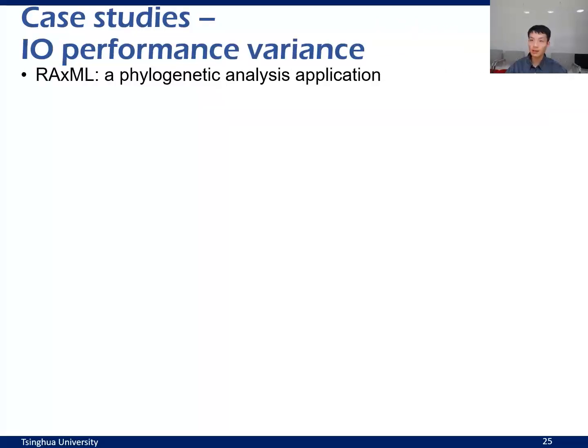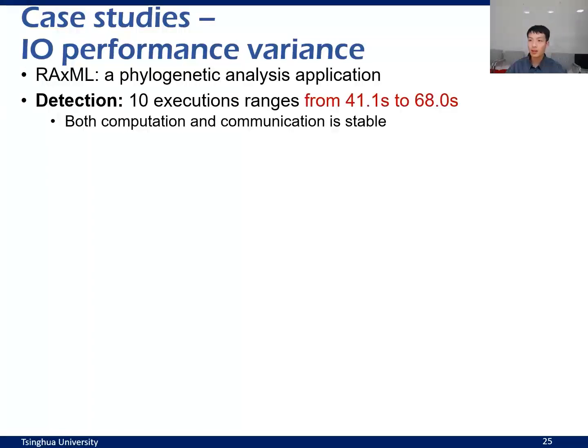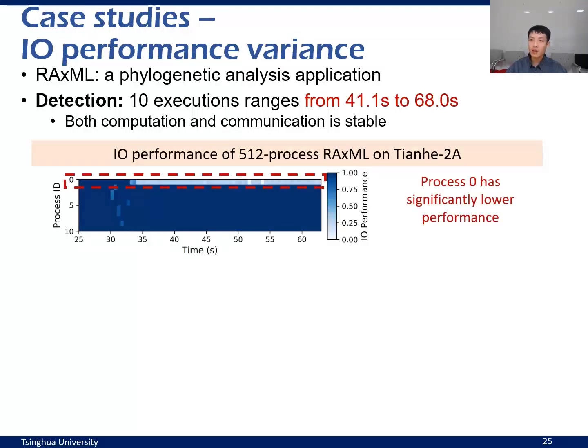In this case, we focus on an I/O problem. Vapro detects a variance for a parallel program on Tianhe-2A. Its execution time varied from 41 seconds to 68 seconds in 10 consecutive executions. Although Vapro reports computation and communication performance are normal, it shows that process 0 has lower I/O performance.